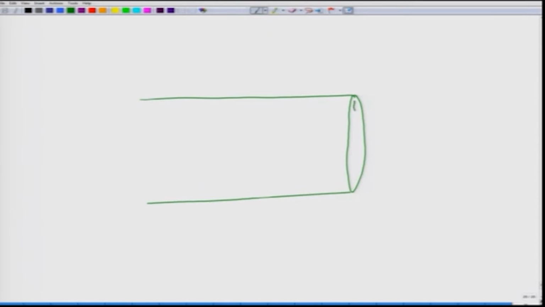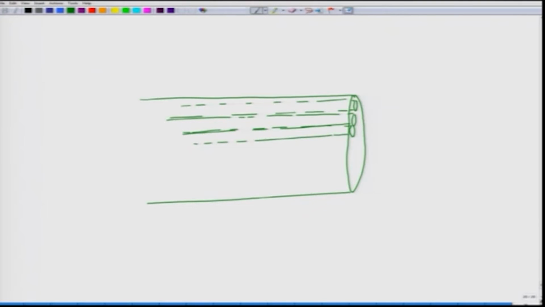Before I get into that, a muscle is a three-dimensional structure. If you look at a muscle, it is something like this.